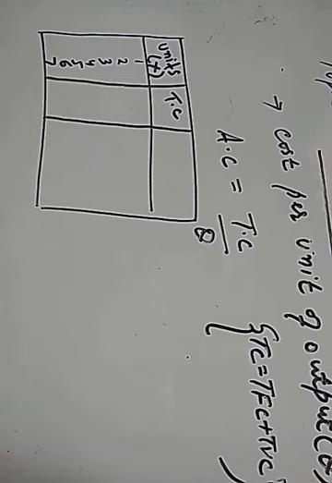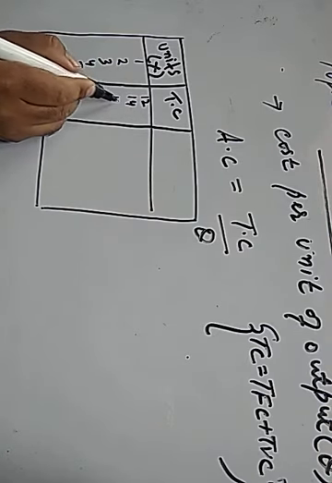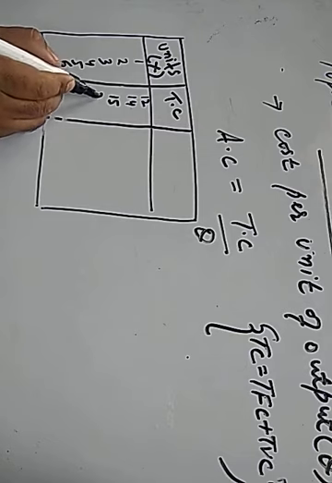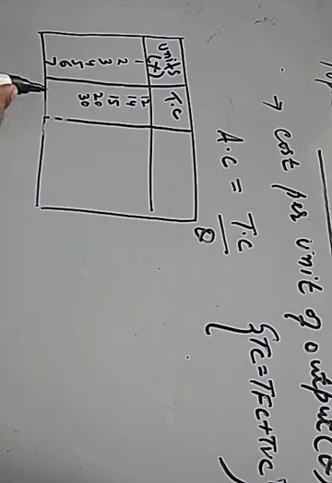Suppose the total cost in different units is 12, 14, 15, 20, 30, 42, and then it is 56 rupees.